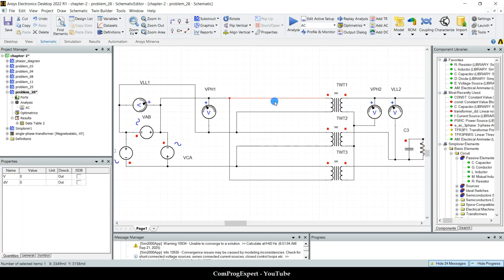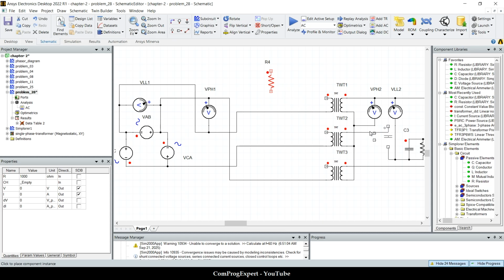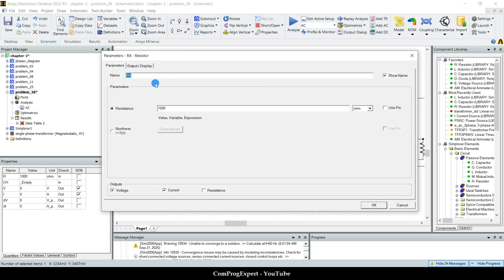Let me delete this, and this. So we can add this resistor and this inductor. This is R equivalent and this is X equivalent. The value of R equivalent is 1 ohm.